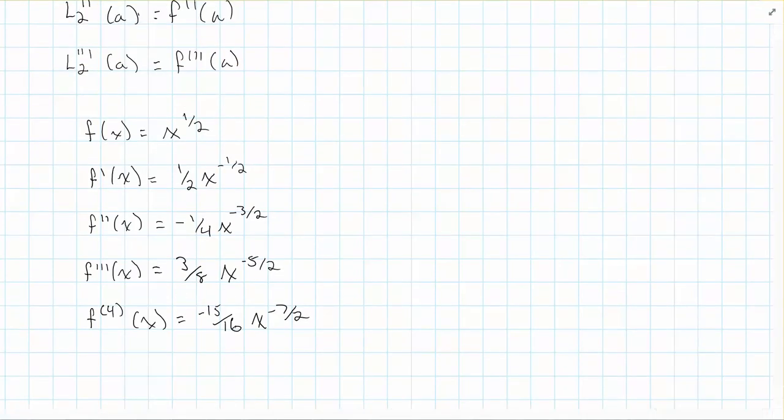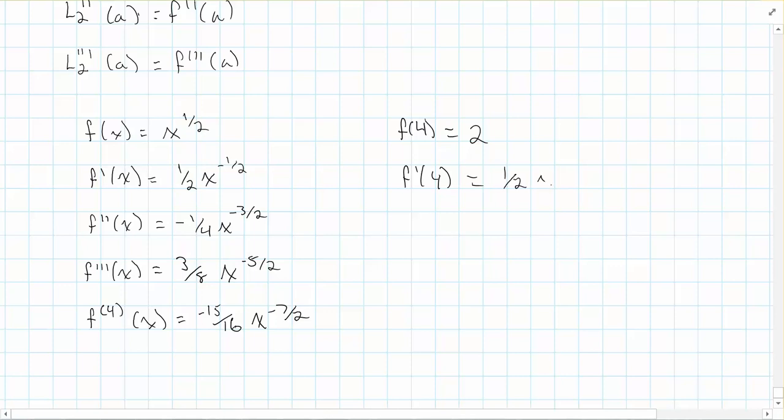Now, what I'm going to need for each of these is to evaluate at a, plugging in a. So f at a, of course, since a is 4, is just the square root of 4, which is 2. F prime at 4 is 1/2 times 4 to the negative 1/2, which is 1/4.